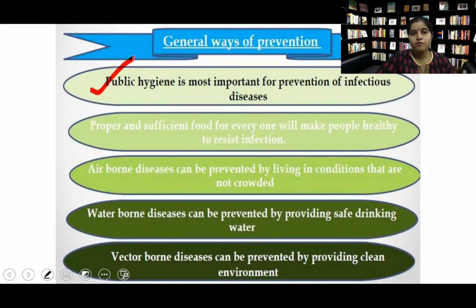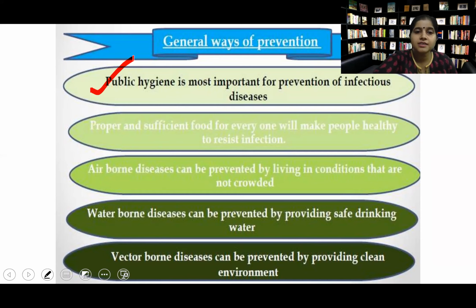Everybody understands this. How can we maintain public hygiene? Proper and sufficient food for everyone will make people healthy to resist infection. We should take a proper balanced diet, so that we have energy to fight infection.